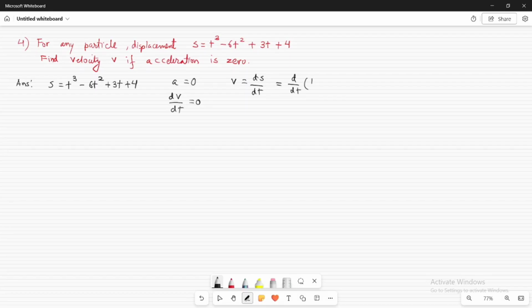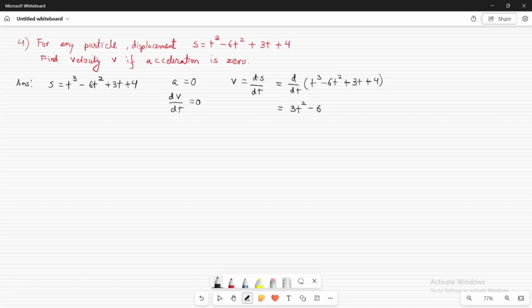The displacement mentioned here is t cubed minus 6t squared plus 3t plus 4.